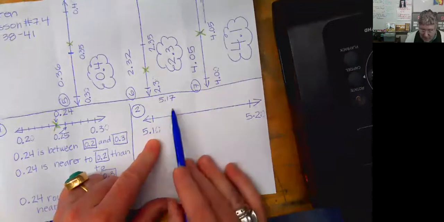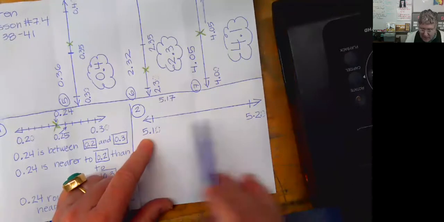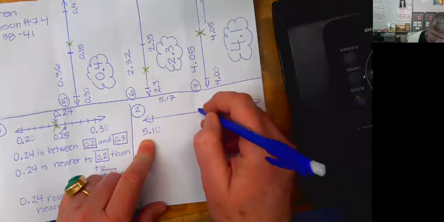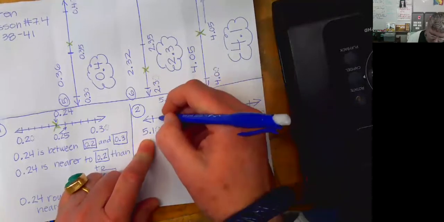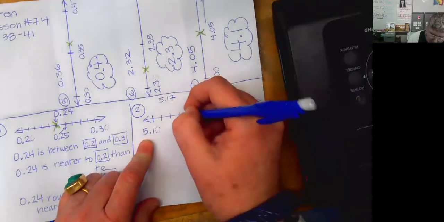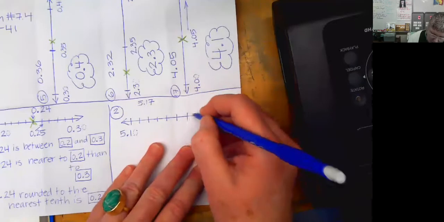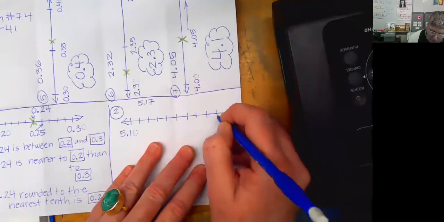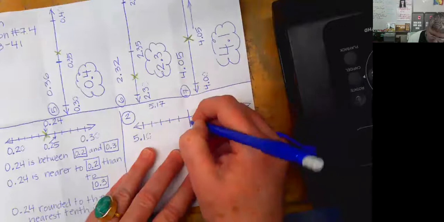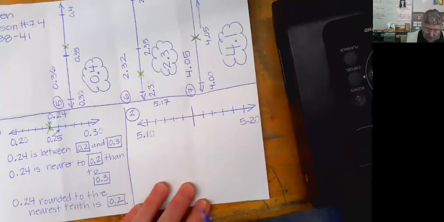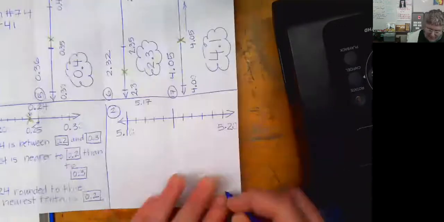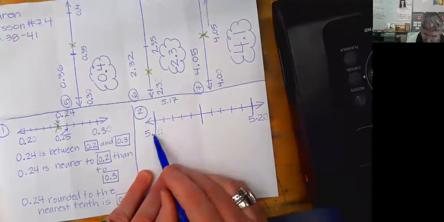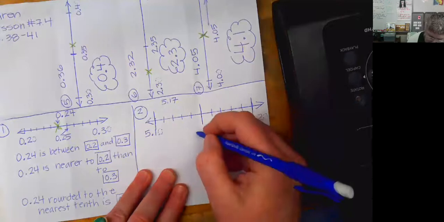I'm saying, hey, 17 is between 10 and 20. Here's my middle point. Here's 1, 2, 3, 4. 1, 2, 3, 4. And my middle point right here, which I'm going to make really big so I don't mess up again like I did last time. So my middle point between 10 and 20 is going to be 15.